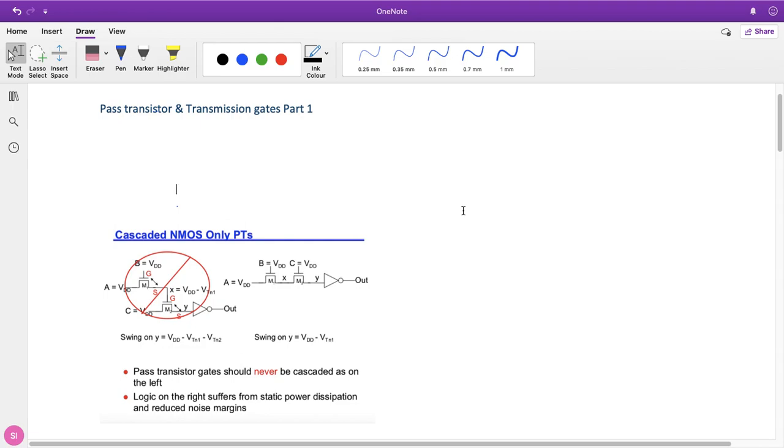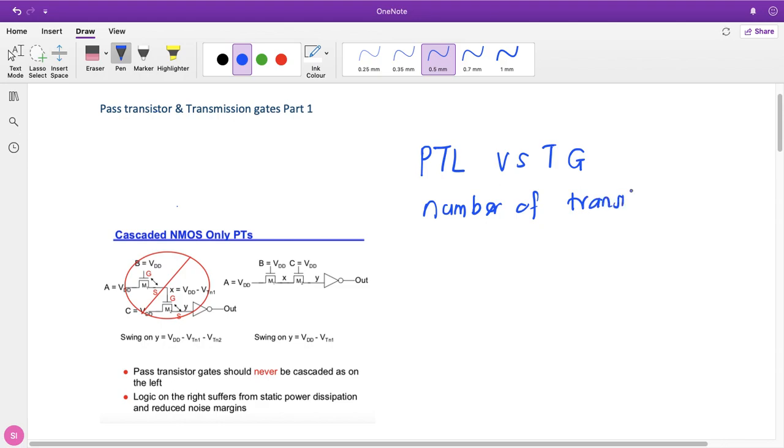So the difference between PTL, pass transistor, versus transmission gates is the number of transistors, meaning the number of instances.